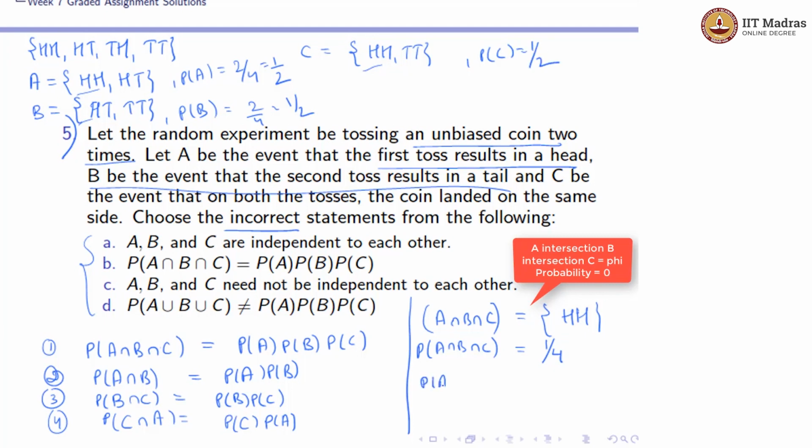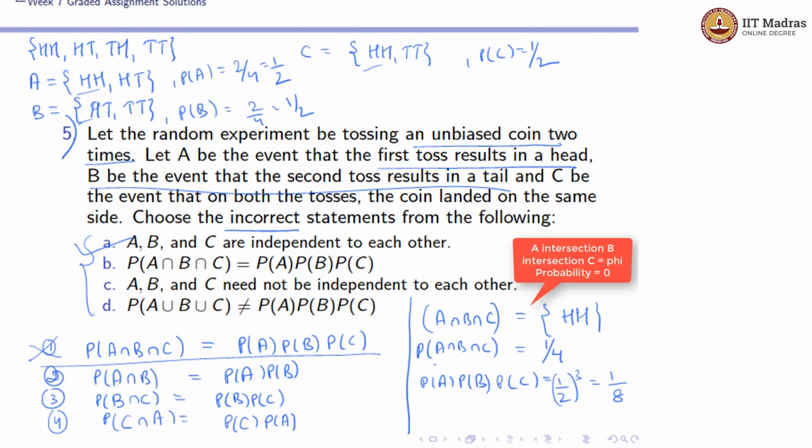So probability of A into probability of B into probability of C is 1 by 2 into 1 by 2 into 1 by 2, that is nothing but 1 by 8. As we can see, probability of A intersection B intersection C is not equal to probability of A into probability of B into probability of C. So A, B, C are not satisfying this condition, so we cannot say that they are independent of each other. Hence this is an incorrect statement and hence this option will be correct.